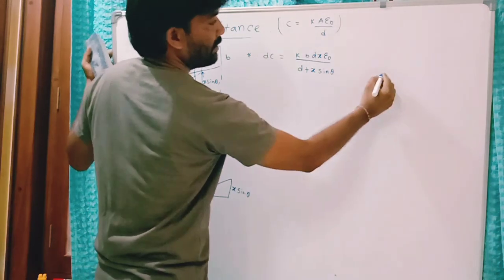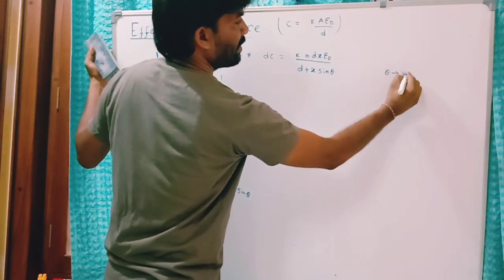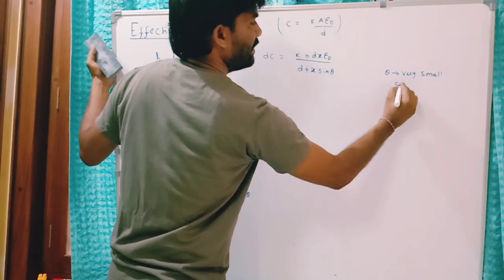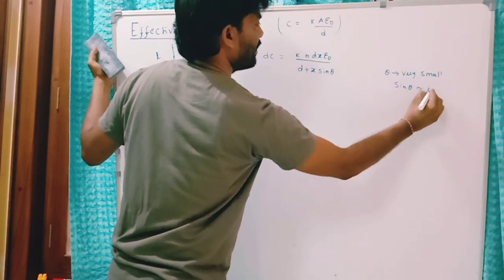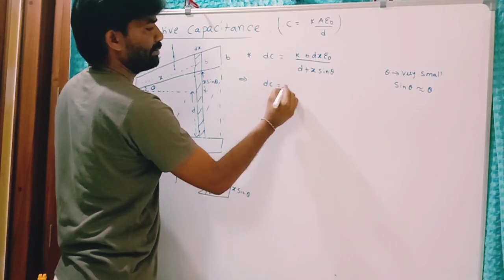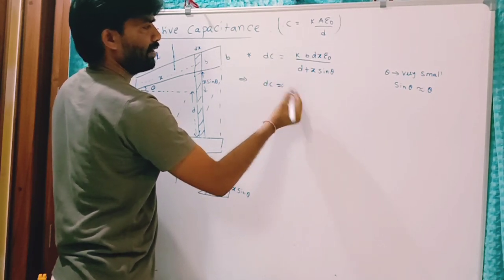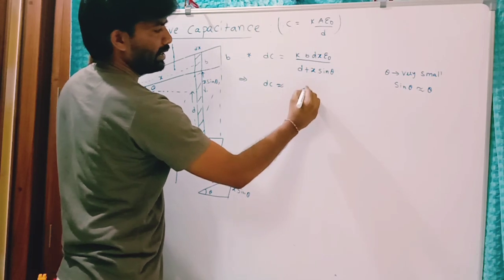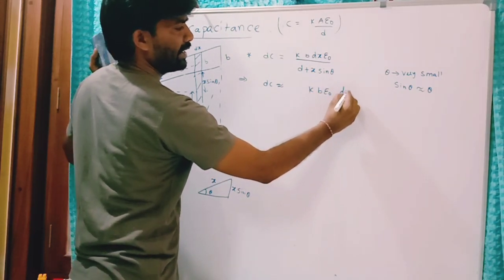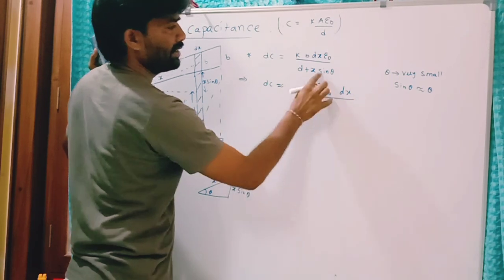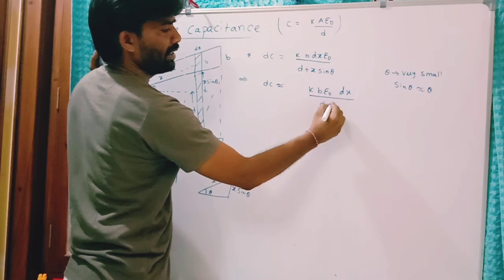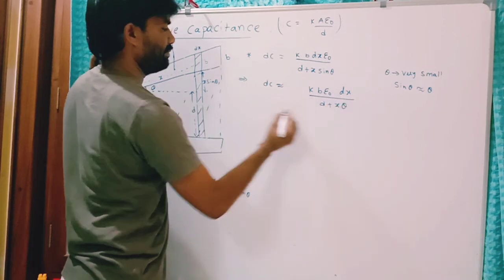If theta is very small, you can take sin theta nearly equal to theta. For an approximate value of the capacitance of the small element, you can take K b epsilon naught dx by d plus x theta, since sin theta is theta.